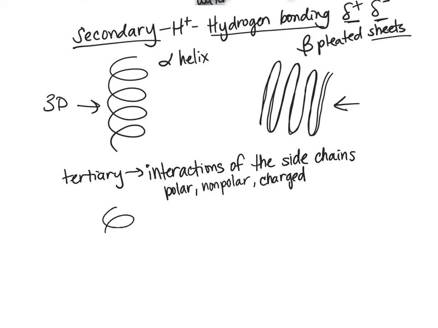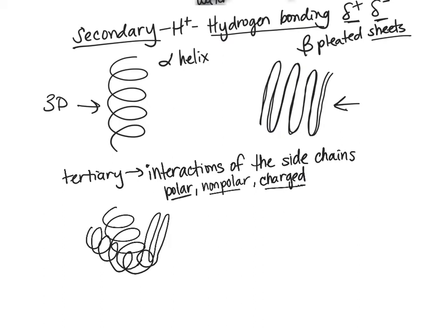So we may have an alpha helix here, and then our amino acid chain, depending on the hydrogen bonding, might turn into a beta pleated sheet for a little bit. And then maybe it'll go back into an alpha helix over here, based on whether there are polar, nonpolar, or charged interactions, right? So whether or not the side chains are polar, nonpolar, or charged is going to depend on where they're folding and where they're moving.